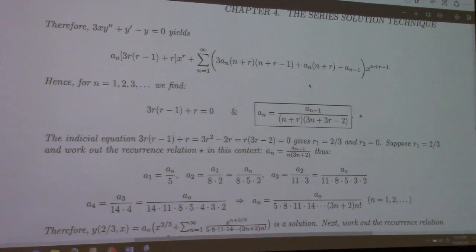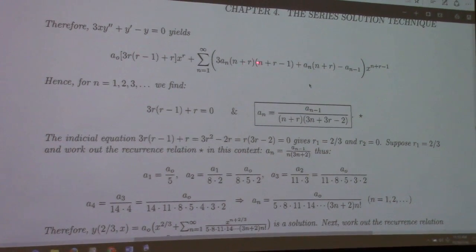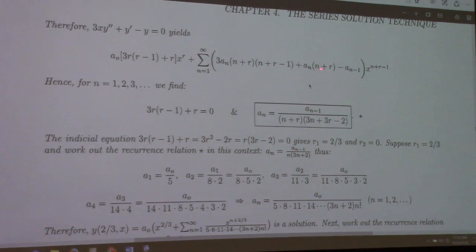I think I must have done some grouping. Look at this. Factor by grouping. You see you can factor out the n plus r. So here you've got 3 times n, 3n plus 3r minus 3, and then plus 1. So that gives me 3n plus 3r minus 2. So we do some factoring by grouping, using distributivity to put this and that together. Do you guys see this then, in view of that algebra?